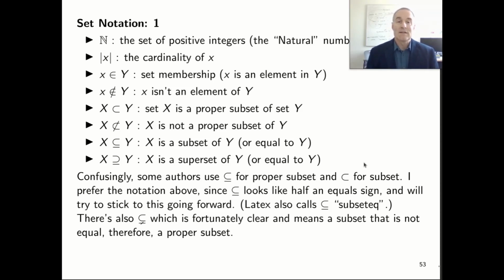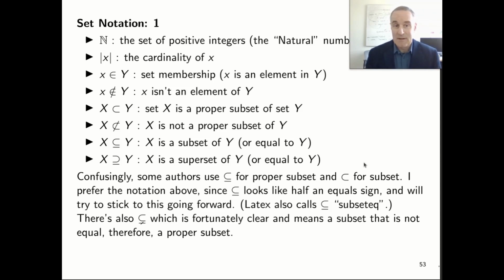Now we get finally to some new stuff, talking about proper sets and subsets. So X is a proper subset of Y, which means that everything that's in X is in Y, but they're not the same set. They're not equal.